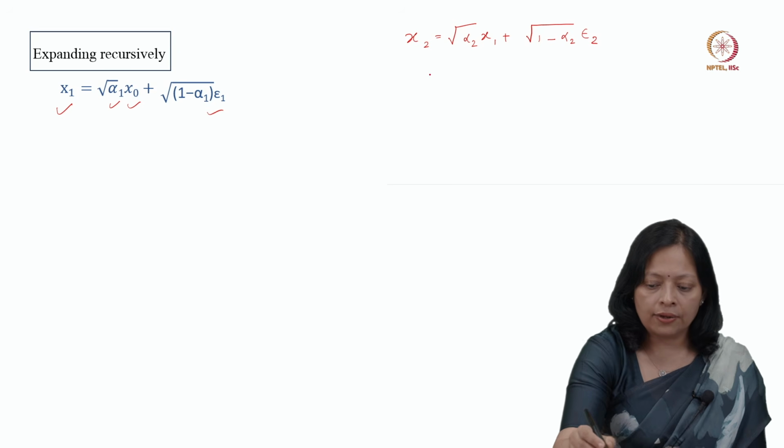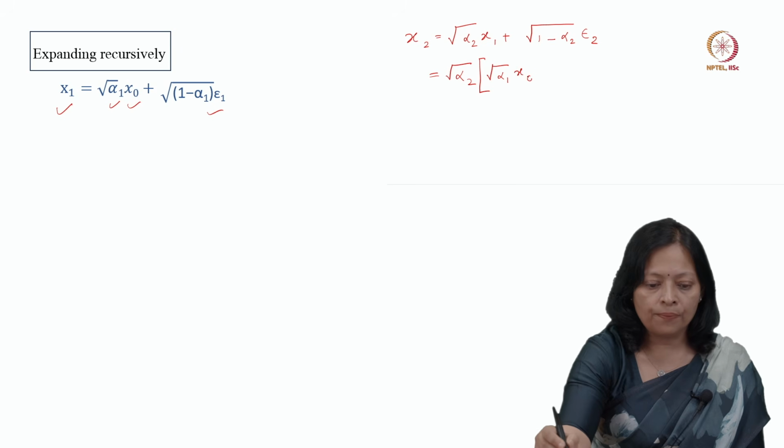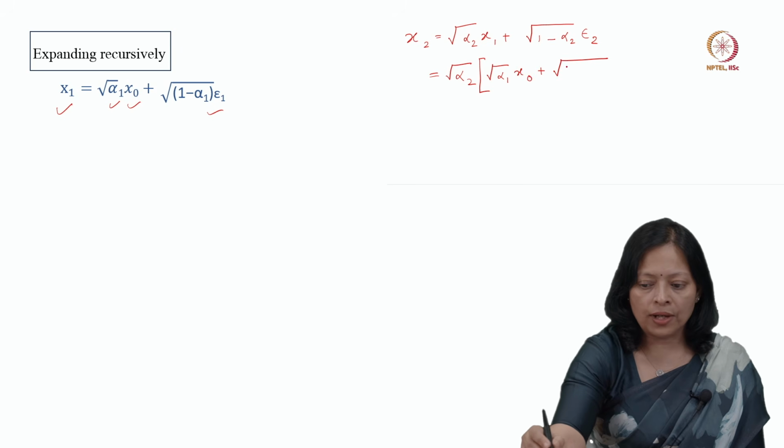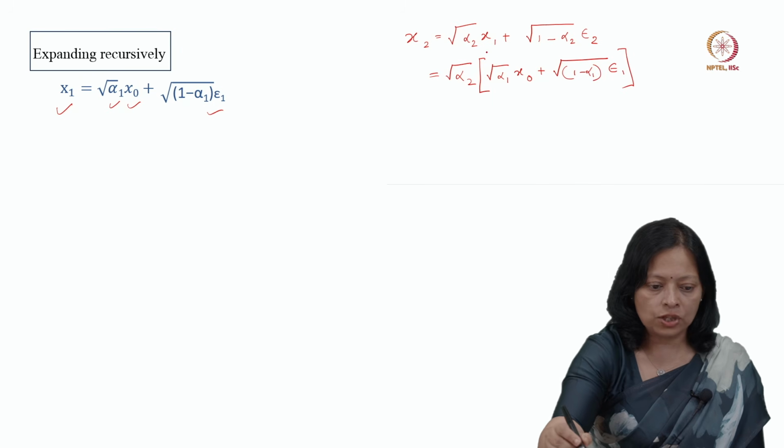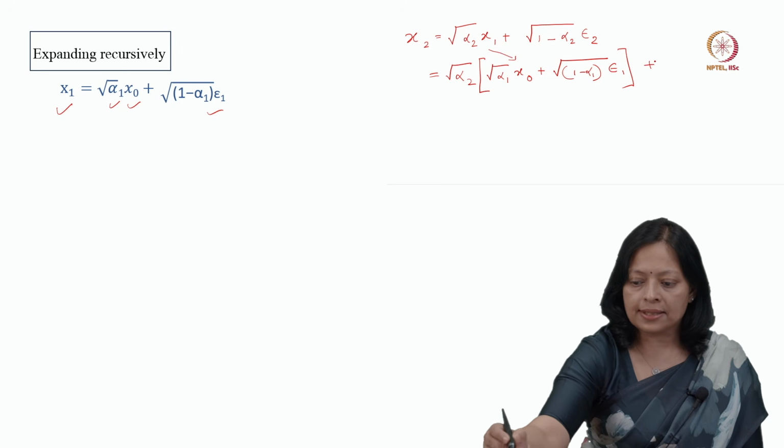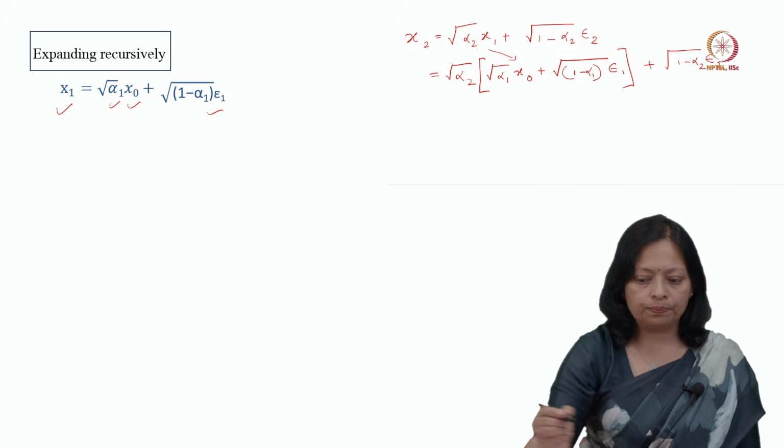Now, for x 1, we write square root of alpha 1 x 0 plus square root of 1 minus alpha 1 epsilon 1. This is my x 1 term, plus square root of 1 minus alpha 2 epsilon 2.